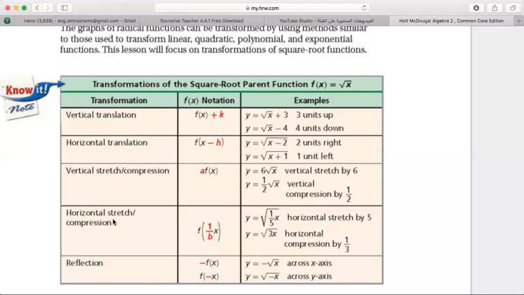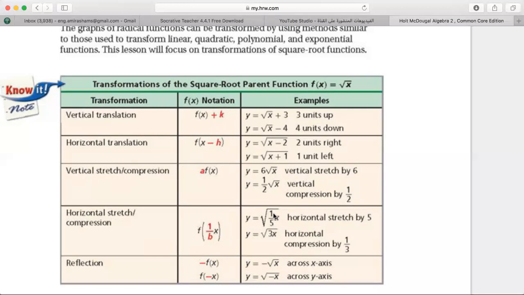Horizontal stretch or compression is a little bit different. It is f multiplied by x, the function of a number multiplied by x, not a number multiplied by the whole function.